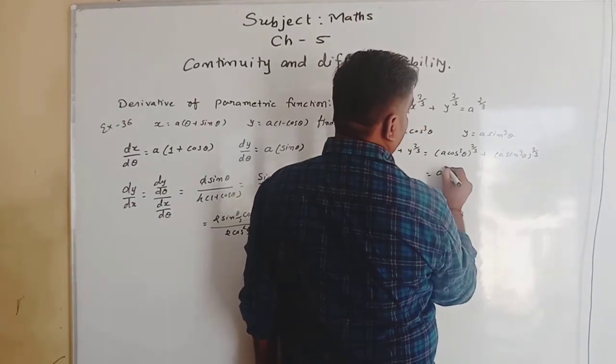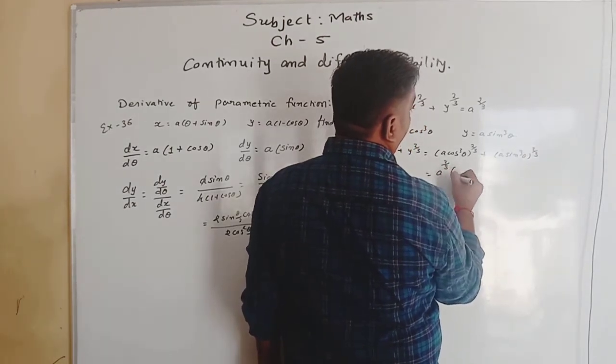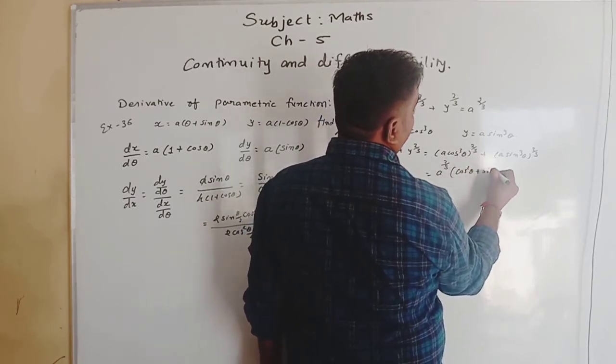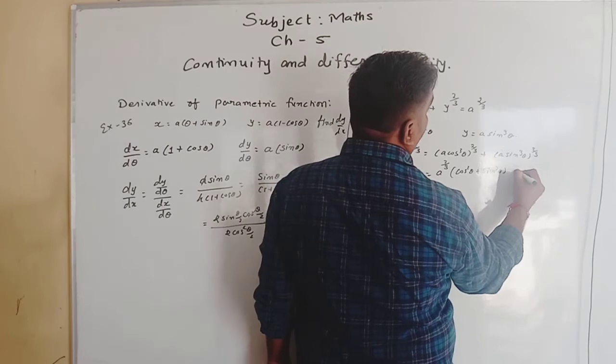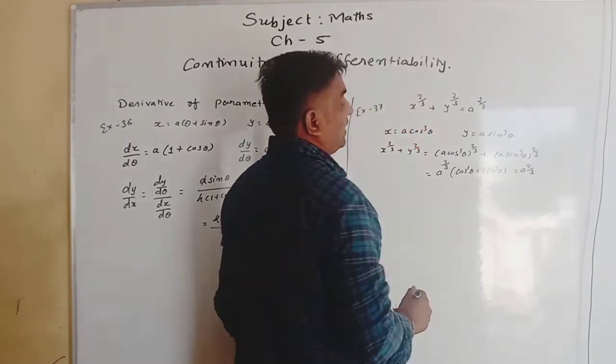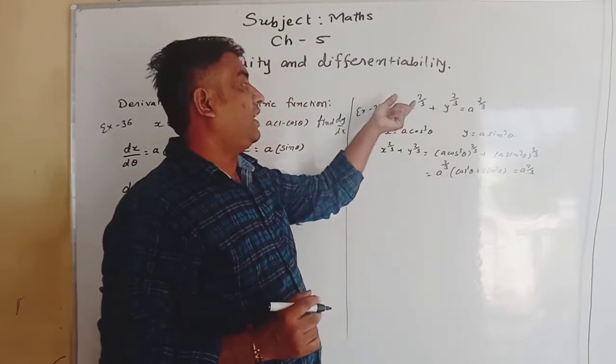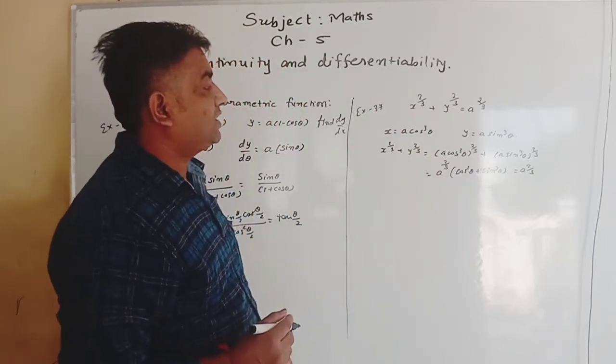Taking a raised to 2 by 3 common, we get cos square theta plus sin square theta, so it gives a raised to 2 by 3. So we can say that a cos cube theta and a sin cube theta are the parametric equations for this equation.